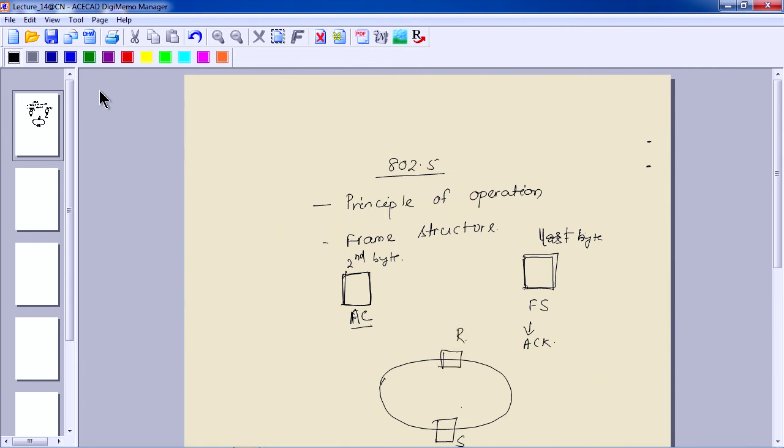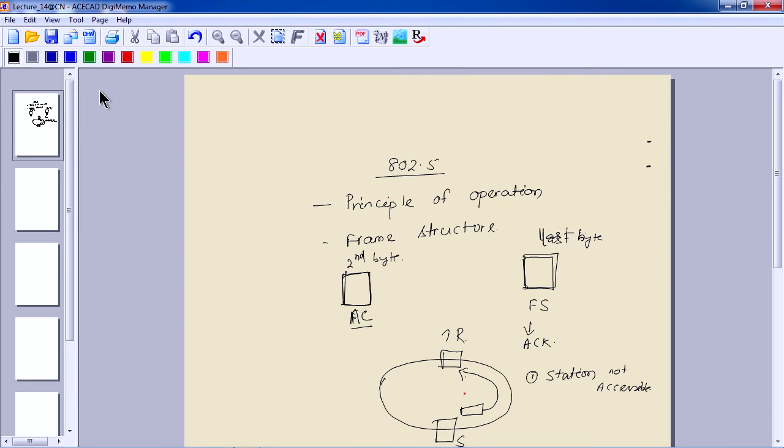When the frame passes through the ring, it comes to the receiver. If the receiver is down by any means when the frame visits that station, what will happen? It says that the station is down or not accessible. Station not accessible. That could be one case.